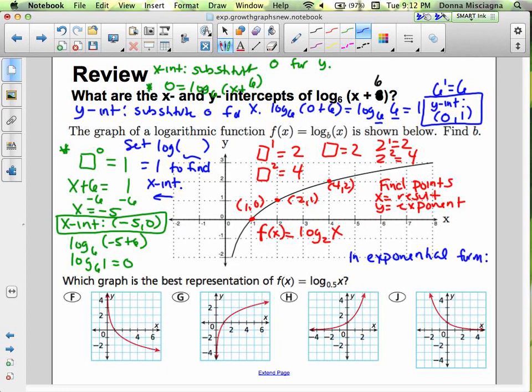All right, so we're going to have 0.5 to the y equals x. So I'm going to rewrite that as 1/2 to the y equals x. All right, so now what if I raise 1/2 to the -1 power? That's going to give us the reciprocal, 2.